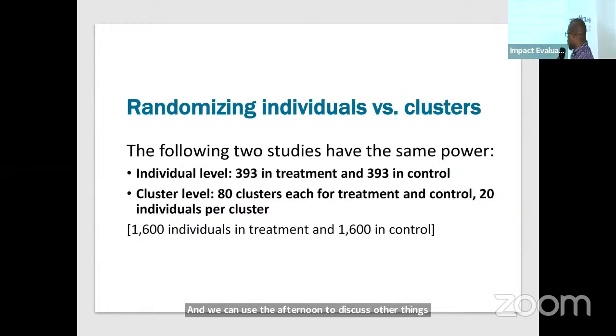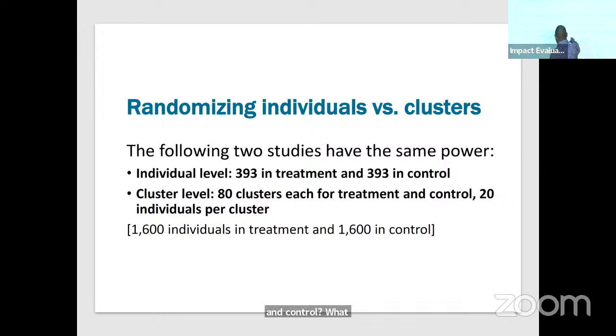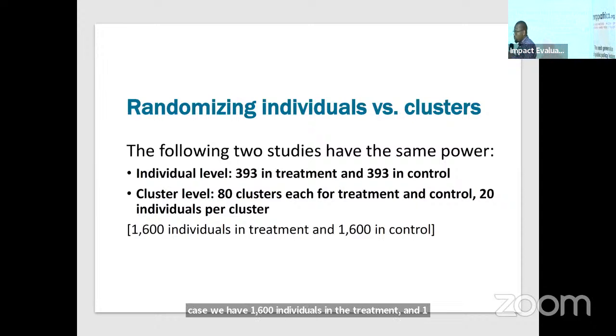Okay, so I was talking about this. When we do individual, we have 393. When we do cluster, we have 80 clusters and we pick only 20 individuals per cluster. For both treated and control, how big is the sample? So essentially we have 1,600 individuals in the treatment and 1,600 individuals in the control.